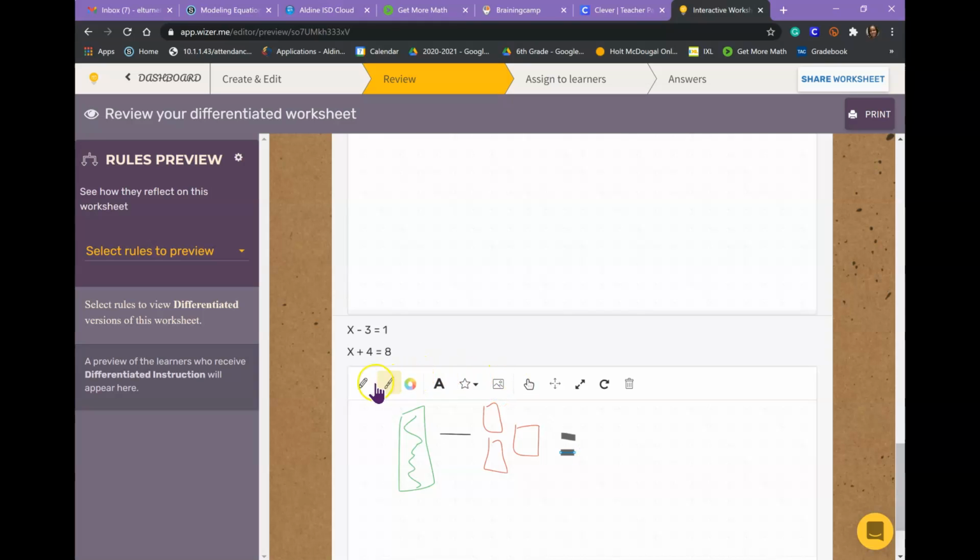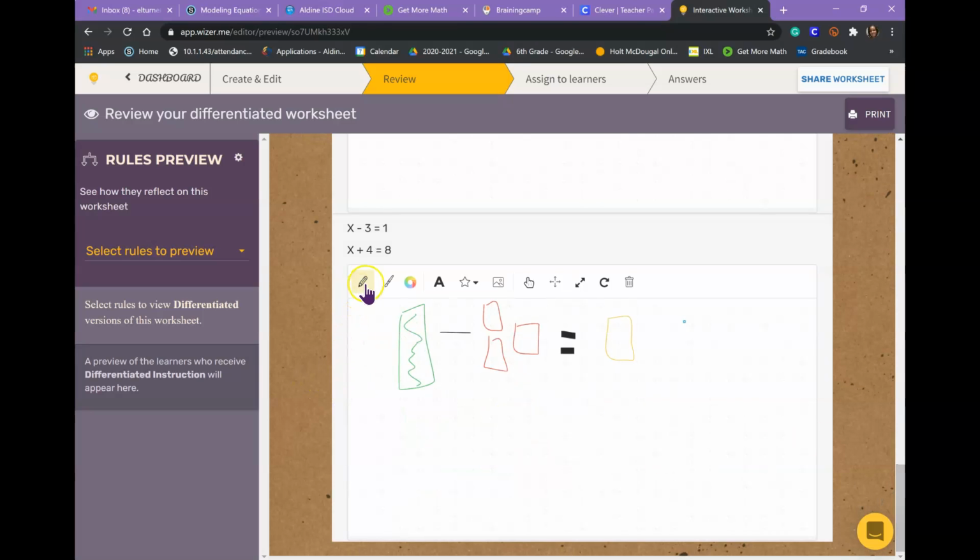It's just equals to or is, and then my 1 is positive, so I'm going to put 1 yellow box over here. So I drew my equation, x minus 3 equals 1.